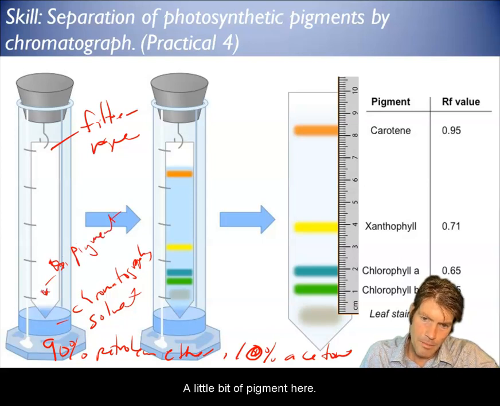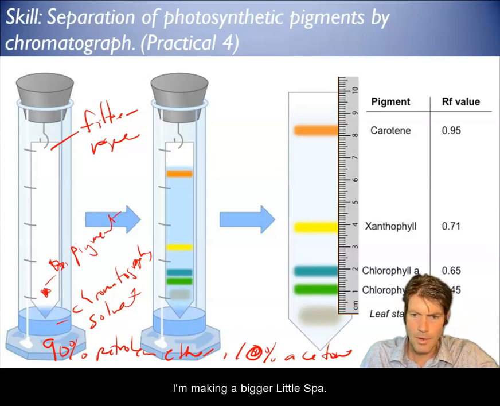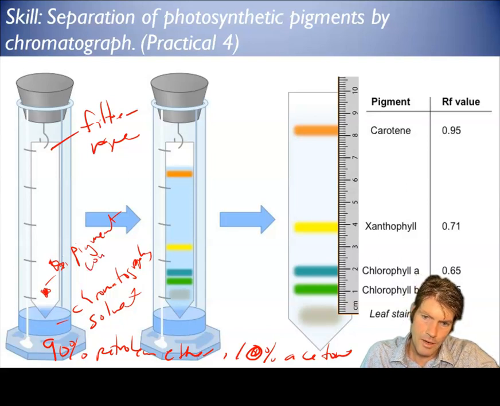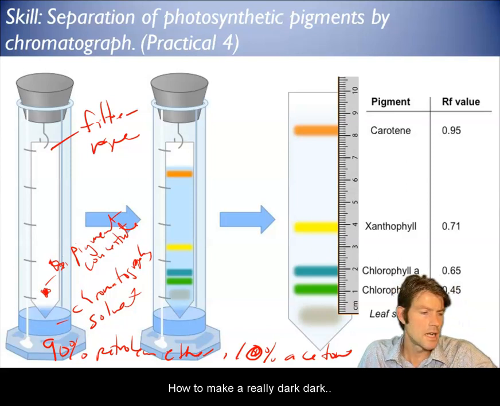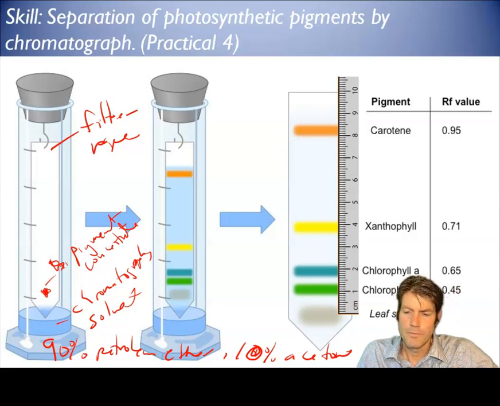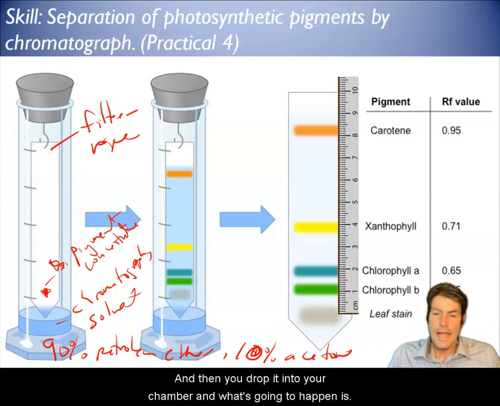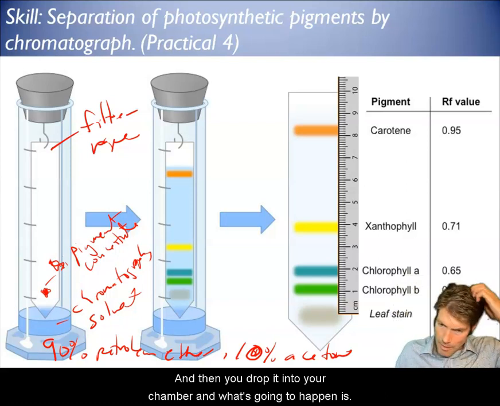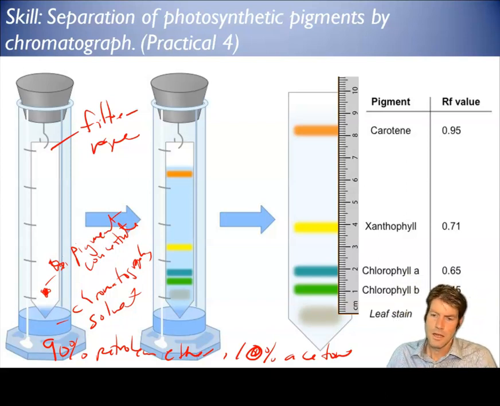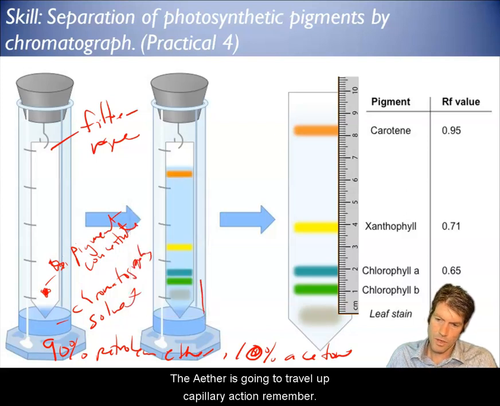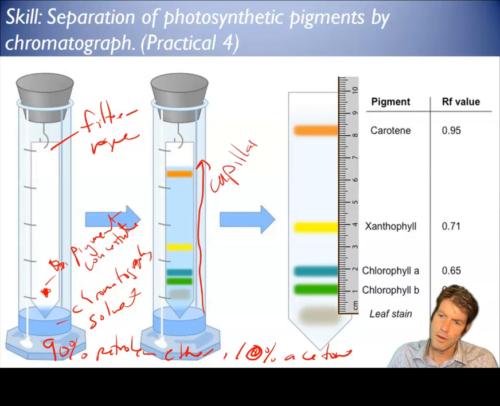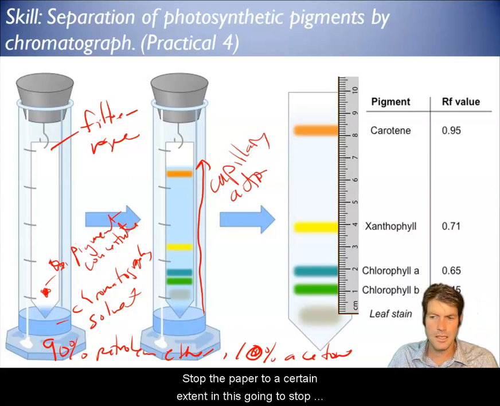Make a really dark dot of pigment there, usually. And then you drop it into your chamber, and what's going to happen is the ether is going to travel up, capillary action, remember, up the paper to a certain extent, and then it's going to stop.